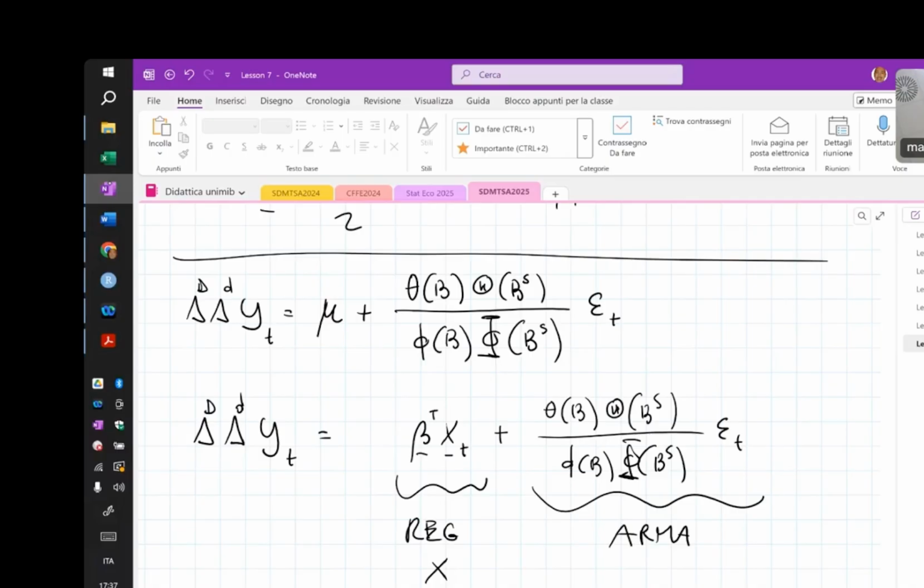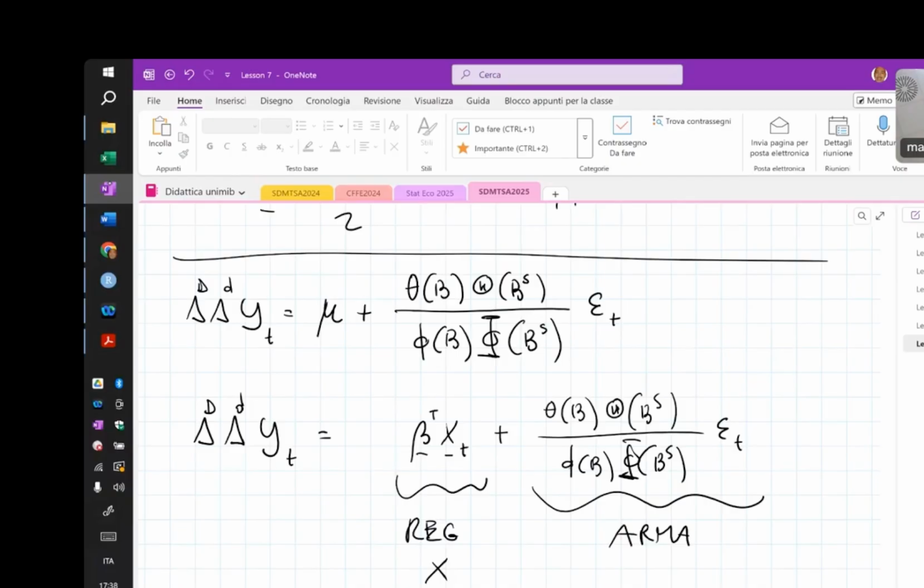If I take the original time series, this is the mean of a time series. If I take the first difference of the time series, this is the mean increment of the time series. If I take two differences of the time series, that's the mean of the mean increment. That would be like the second derivative of the time series.